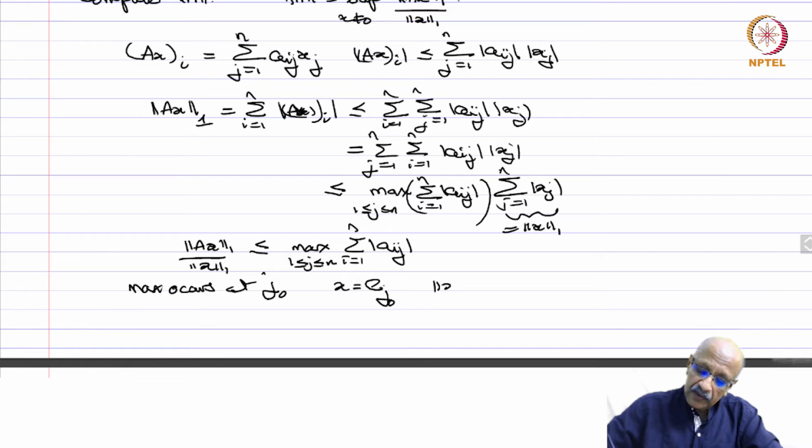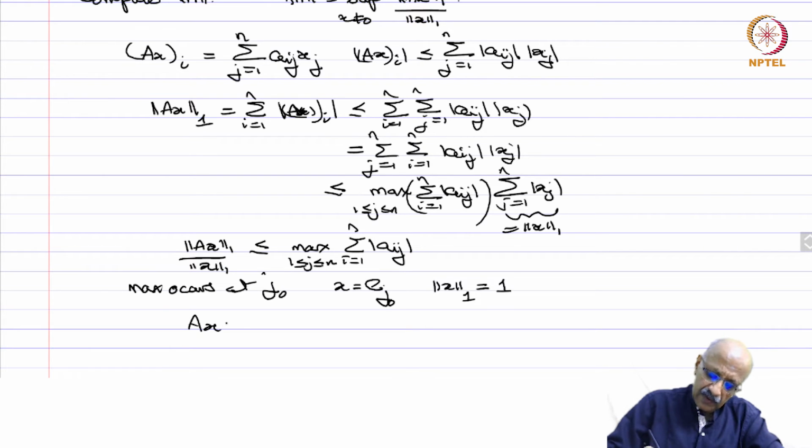So, norm x1 is nothing but 1. And what is Ax? Ax is A of e_j naught, which is equal to the j naught column. That means a1j naught, ..., anj naught.